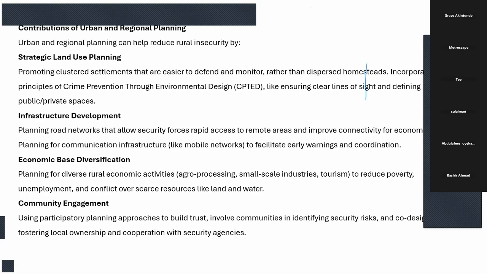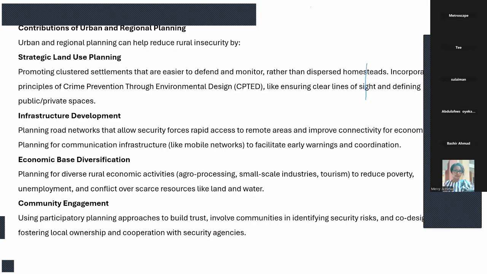Then we also have infrastructural development. Planning good roads that allow security forces to access remote areas can improve the economy of an area. Let's say the security agencies receive a distress call from an area maybe 30 kilometers from their base.